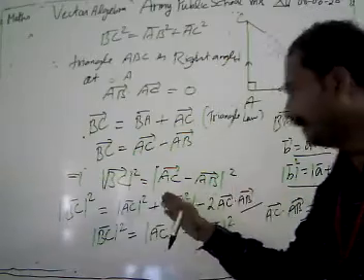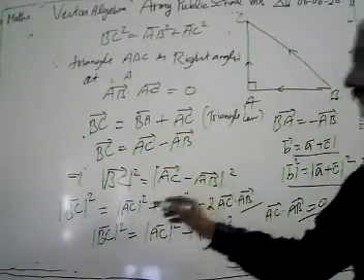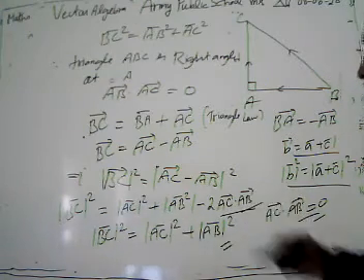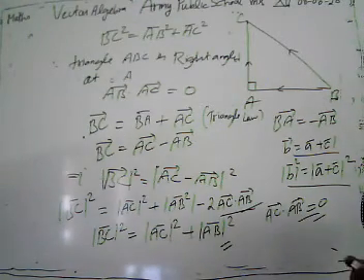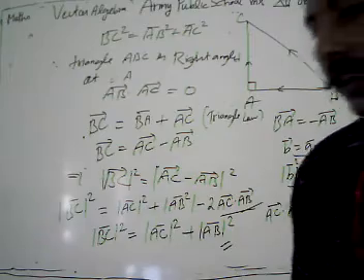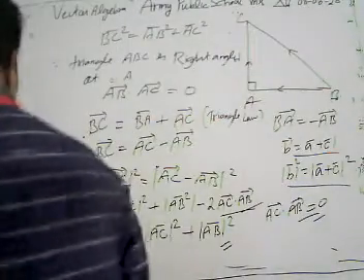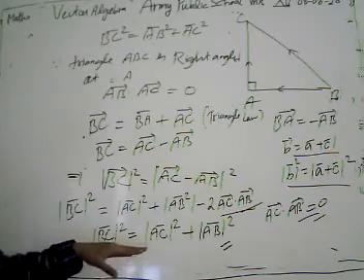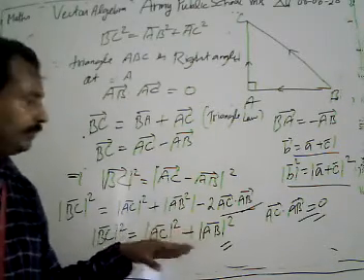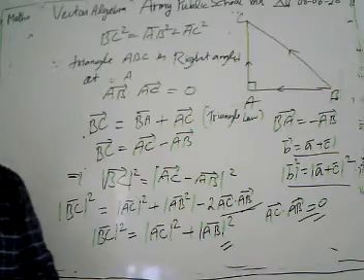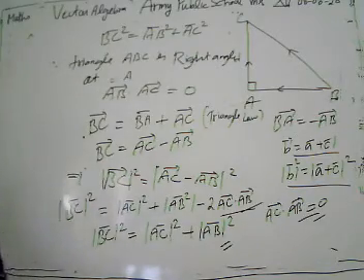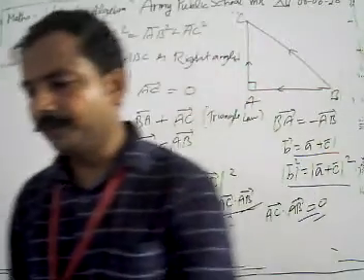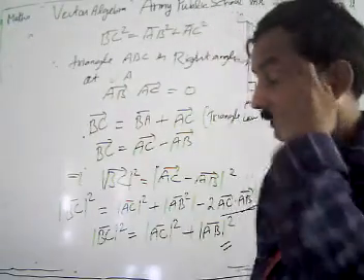Expanding the right hand side, it is AC square plus AB square minus 2 AC dot AB, and this product is 0 because these vectors are mutually perpendicular. So mod of BC square is AC square plus AB square. Now we have proved Pythagoras theorem by the vector method. Then look, we take another problem to prove by the geometrical method.